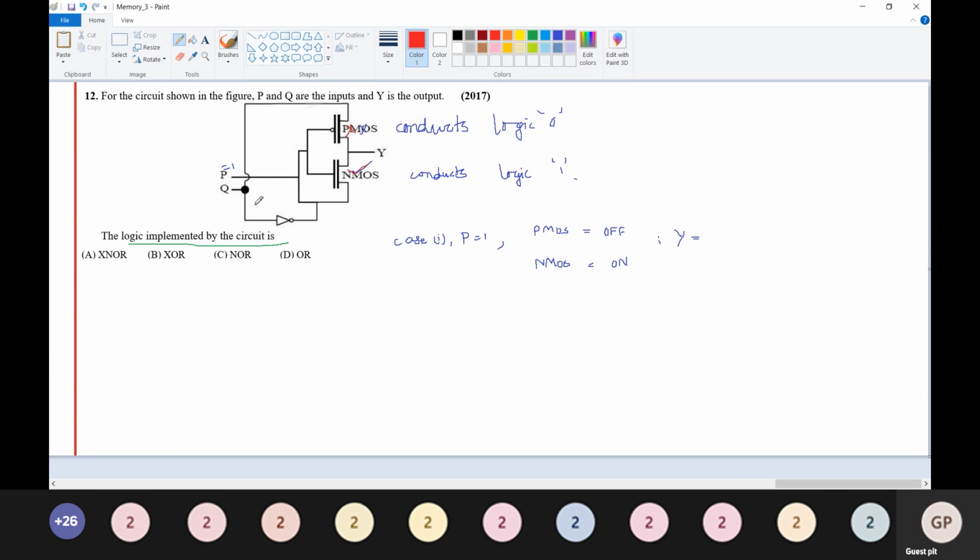So this is not going to conduct, and this is going to conduct. So Y is equal to Q dash. Next, case 2, P is equal to 0.